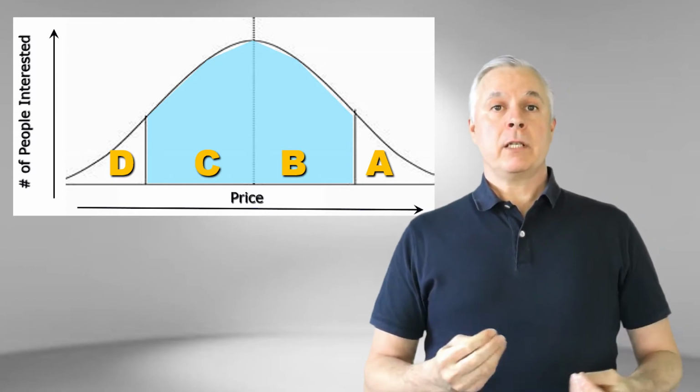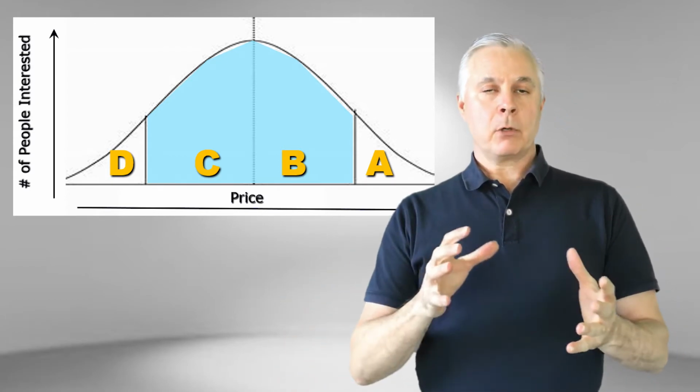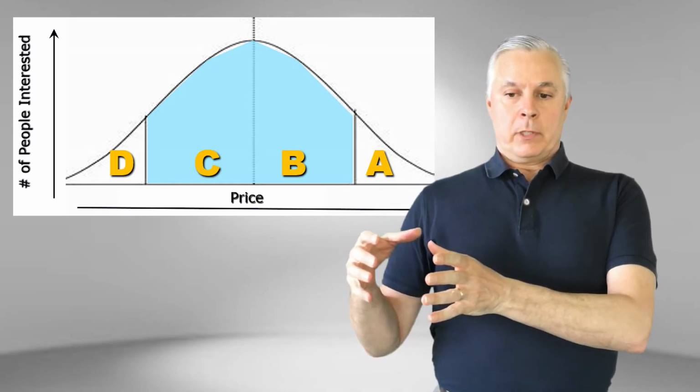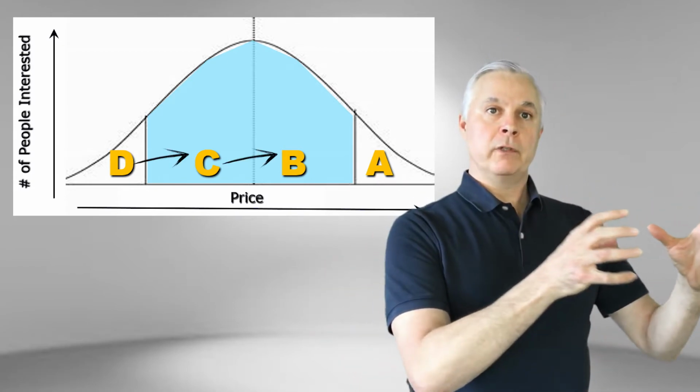So, why B and C assets? Well, B and C assets really are probably the most stable. In an upward economy, the D residents move into a C, the C move into a B, and the B move into an A property.